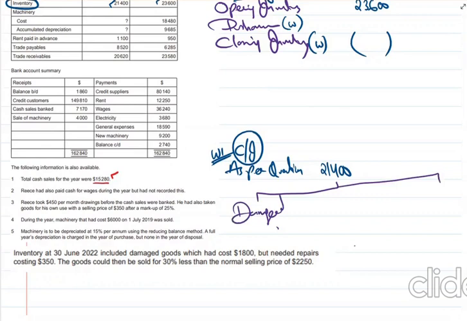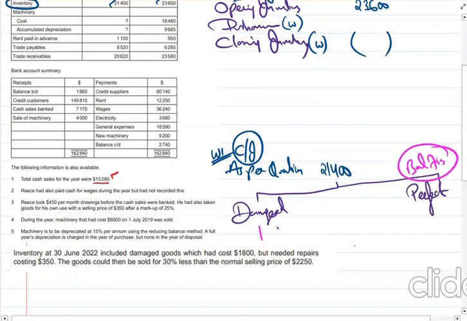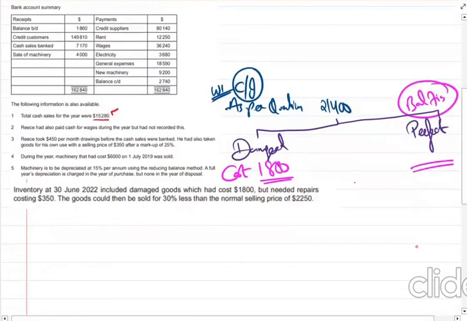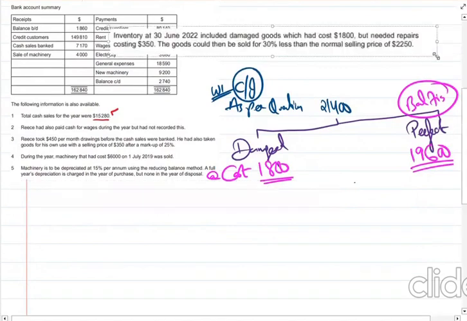We used to do it this way: damaged and perfect, where perfect is the balancing figure. 1800 is the cost of damaged items. So how much is remaining? 19,600. You are right.